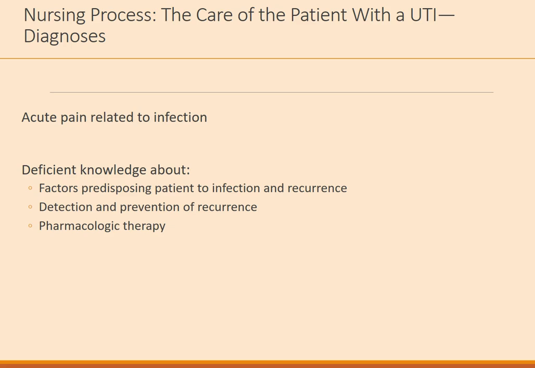Some of those patients that continue having recurrent UTIs will be put on a maintenance antibiotic like Bactrim. This is a pretty small dose. This is allowing them to continue living their life the way that they are going to live with the incontinence or the dribbling, but it keeps them from actually having the UTIs or prevents them from getting worse. And that's for the detection and the prevention of the reoccurrence.